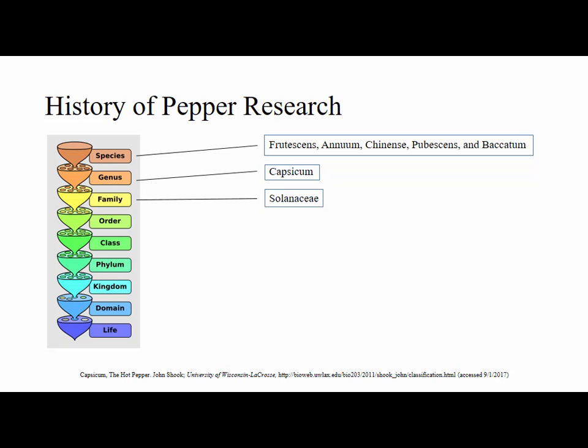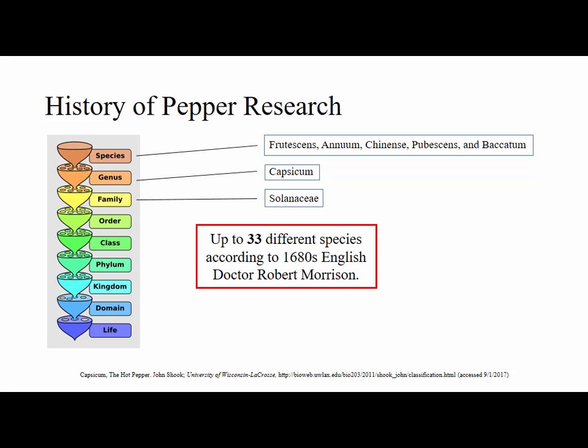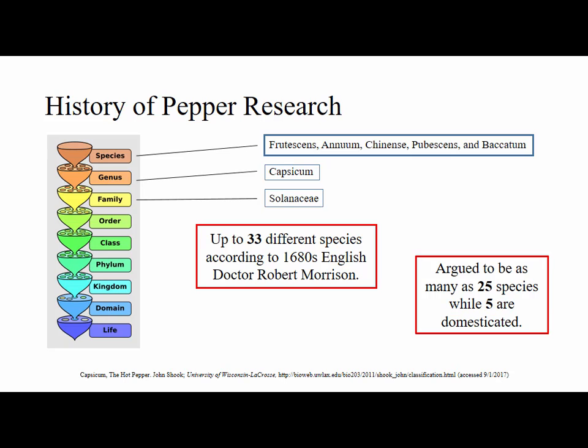All right, so we're going to look at some of the classifications for peppers. They are part of the Solanaceae family, the capsicum genus, and there's a small discussion about the species. In the 1680s, there was an English doctor by the name of Robert Morrison who actually believed that there were up to 33 different types of species. Today we know that there's probably less, but it is still argued that there are around 25 species.